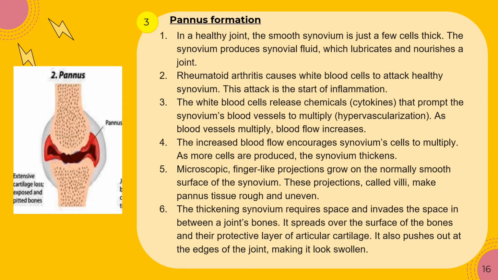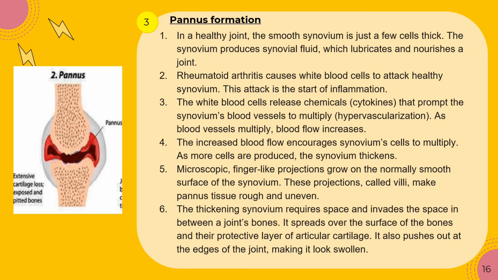In a healthy joint, the smooth synovium is just a few cells thick. The synovium produces synovial fluid, which lubricates and nourishes a joint. Rheumatoid arthritis causes white blood cells to attack healthy synovium. This attack is the start of inflammation.